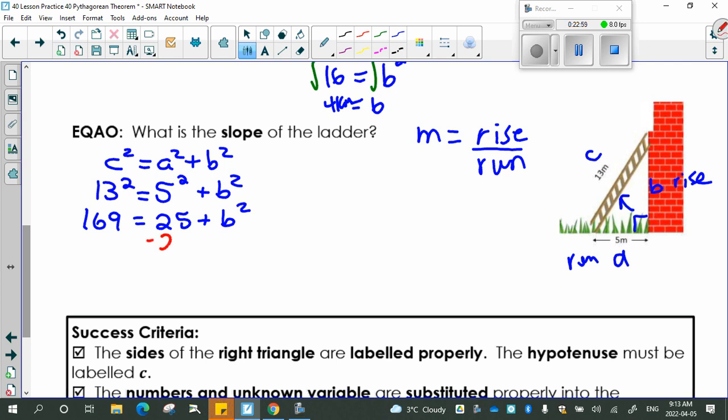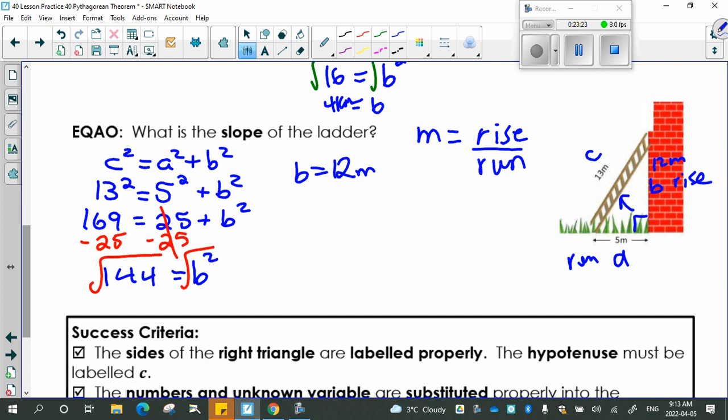On opposite sides, so you can go zero here, there. B is 12 meters, which makes sense because it's smaller than 13.